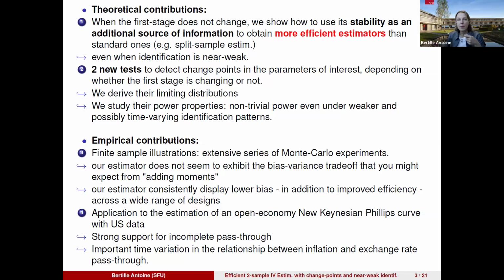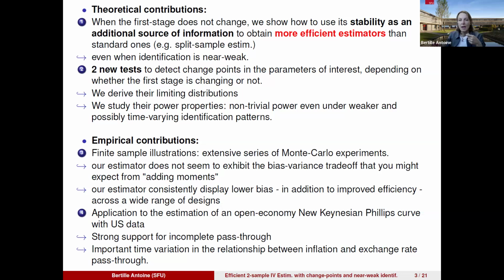But in all the Monte Carlo experiments that we have looked at, we didn't really see that at all. In fact, our estimator was consistently the one with a smaller bias and more efficient as well, compared to the estimators that we considered.